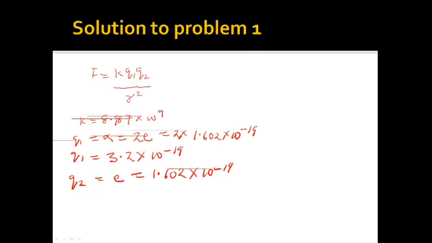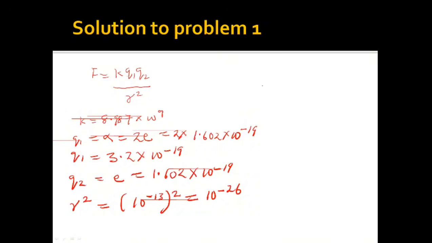So looking at it now, we have our R squared. Remember from the formula up there, our R squared will be equal to 10 raised to power minus 13 all squared. This is the same thing as 10 raised to power minus 26. We have acquired that one.